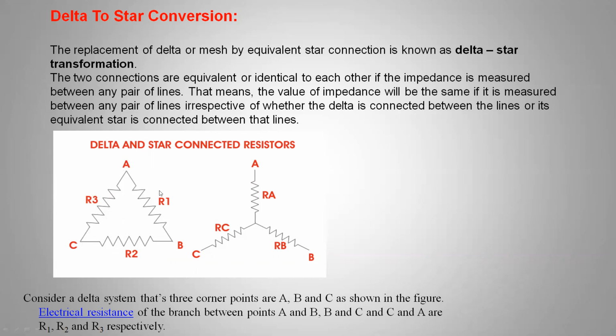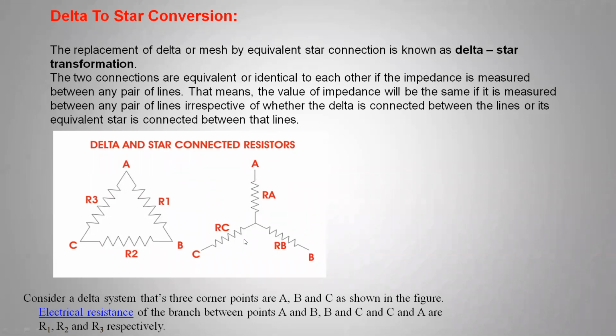Now the delta is replaced by the equivalent star connection A, B and C. In the star, A has resistance RA, B has RB, and C has RC.